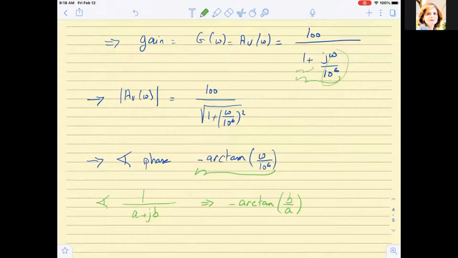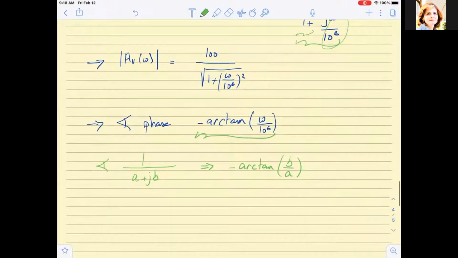Okay, great. So from now on, if I am starting with Vn equal to 0.1 times sine of some omega t, then V out at that specific omega is 0.1 times the magnitude of AV at that specific frequency, times sine of omega t plus the phase at that specific frequency.